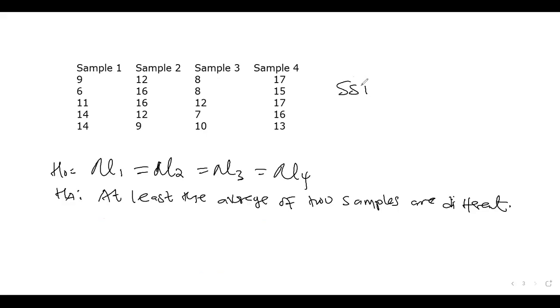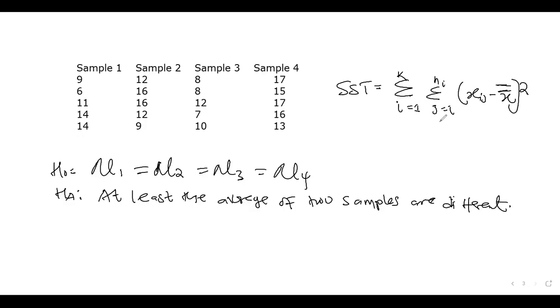So the sum of squared total is equal to sigma as i runs from 1 to k, sigma as j runs from 1 to ni, of xij minus the grand mean, squared.